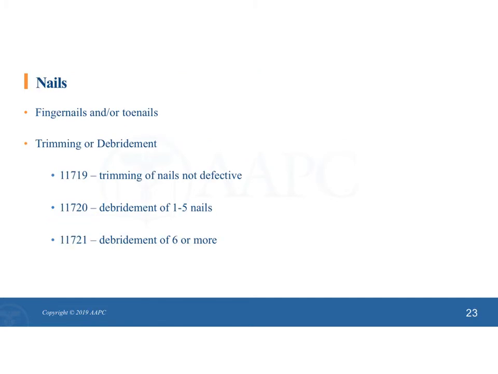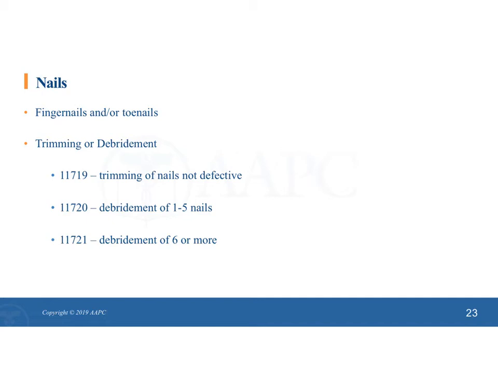The Nails subheading represents procedure codes for the fingernails and/or toenails. There are 2 illustrations of the lateral and dorsal views of the nail anatomy in your CPT book, and these may help you in coding these procedures. Podiatrists use these codes extensively.